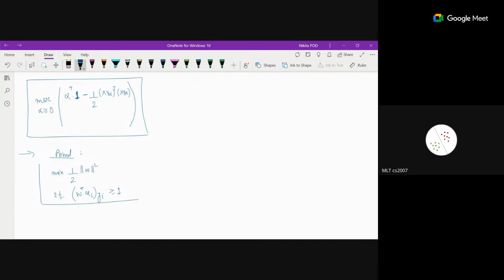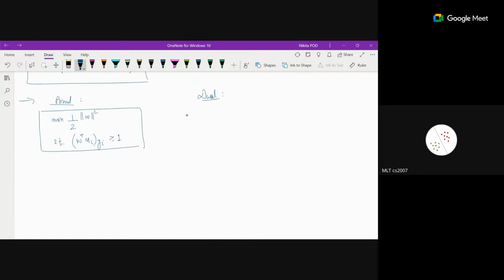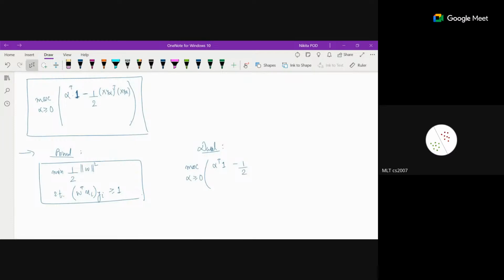And my dual problem is max over alpha greater than equal to 0 of alpha transpose vector 1 minus 1 upon 2 xy alpha transpose xy alpha. So it can also be written as alpha transpose y transpose x transpose x y alpha. Right. So this is my dual problem.